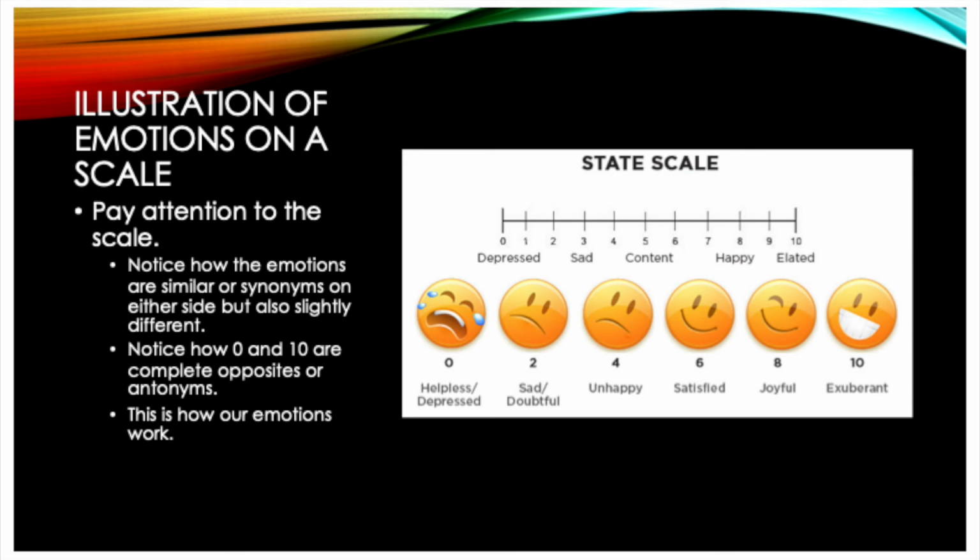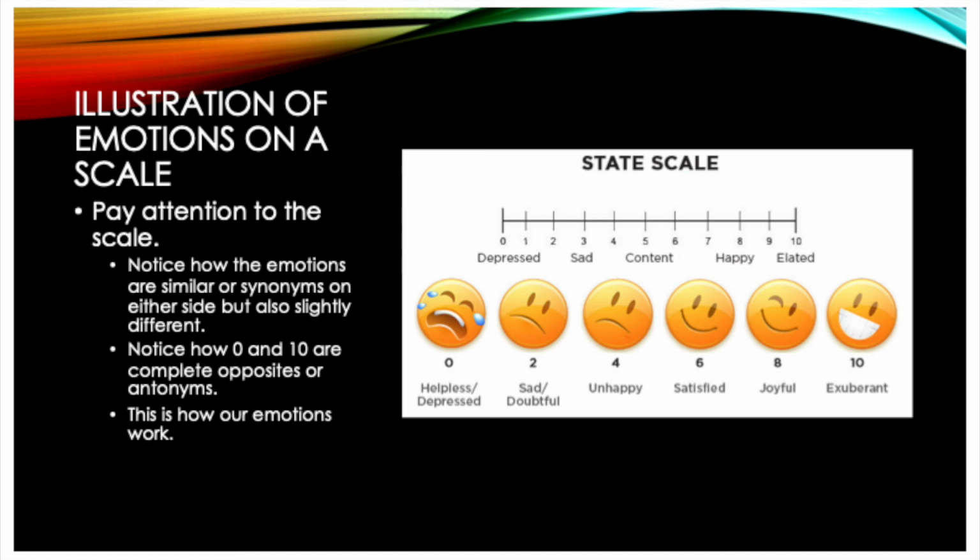That number 4 is unhappy, and you can see by the face that they present as what typically unhappy would look like. And satisfied is a smile, right? There's no frown there, so it looks different. But this further illustrates how those emotions have different levels, because you can see that 8 and 10 are different, right?